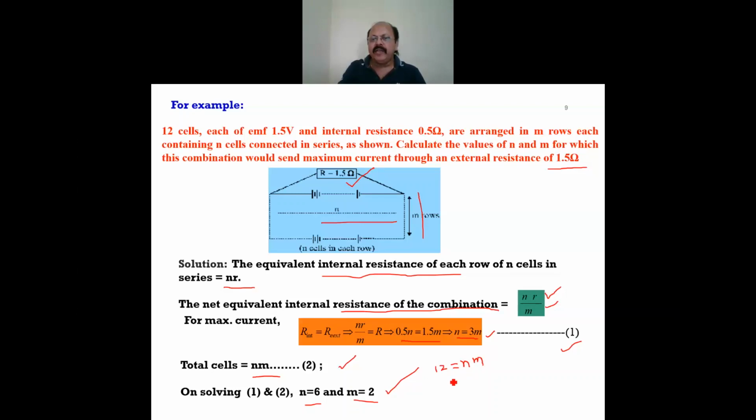So m square equal to 4, then m equal to 2. So when you get m equal to 2, then you substitute here. Then 3 into 2, 6. So n equal to 6. Now I think you can solve it. So this is about a numerical problem in which we are taking a mixed grouping of cells, means cells in series as well as in parallel.